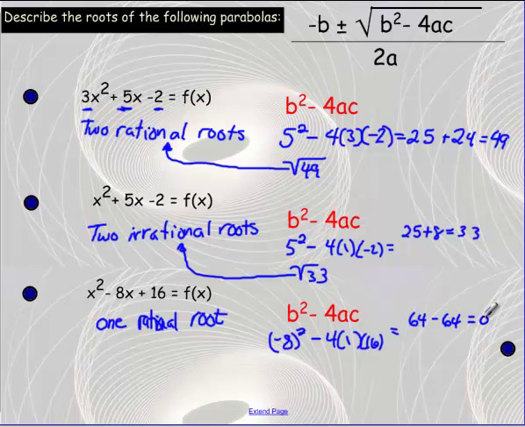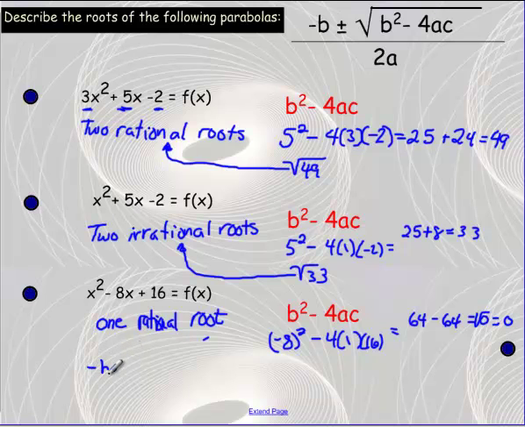That gets me 0. Can I take the square root of 0? Yeah, I get 0. Now, some of you may be saying, wait a second, 0 is a perfect square, so why aren't there 2 rational roots? Well, that comes back up here to your quadratic formula, and we talked about that in the last video.